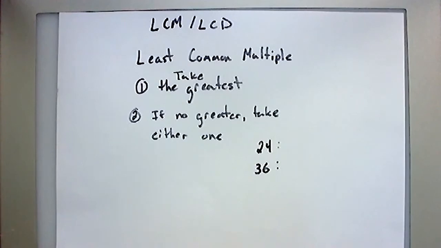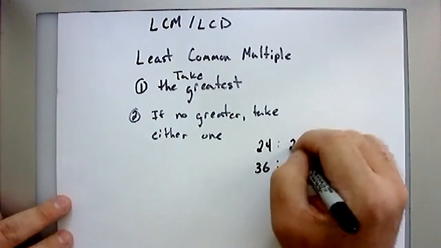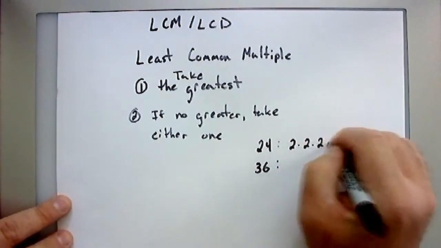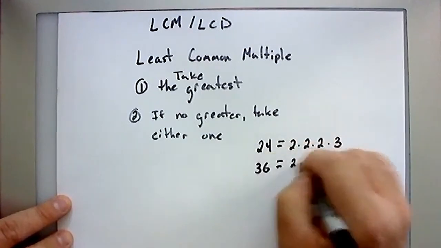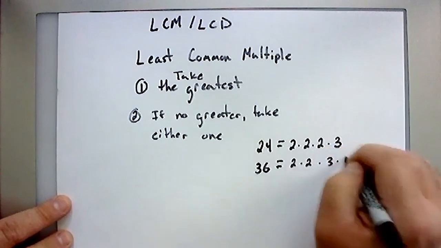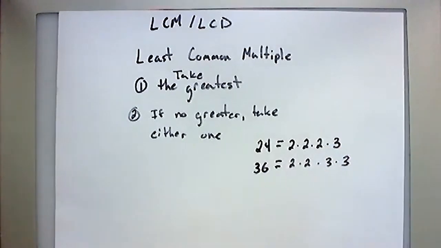But I would encourage you, practice the breakdown, practice the prime factorization, get the trees, break them down. 24 should be 2 times 2 times 2 times 3 once you break it down. 36 should be 2 times 2 times 3 times 3 once you break it down. And again, that should be the same breakdown you got when we did the GCF of these numbers, okay? The prime factorization part should not change.